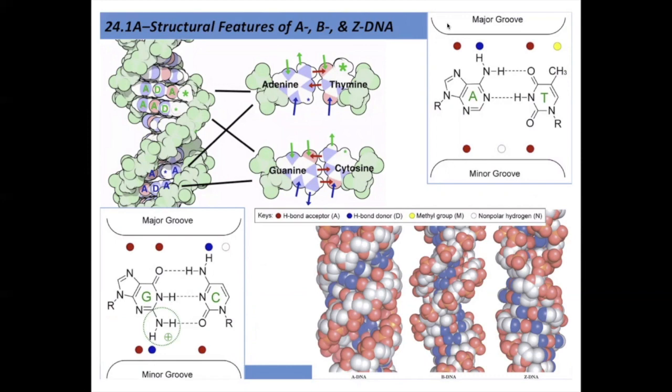You get the base pair between the faces of adenine and thymine, as you can see over here. But you've also got a lone pair here, another hydrogen here, another lone pair there, and then a methyl that's not going to do anything here. So this is the major groove, across the top there, and it is exposed in a fairly open region.